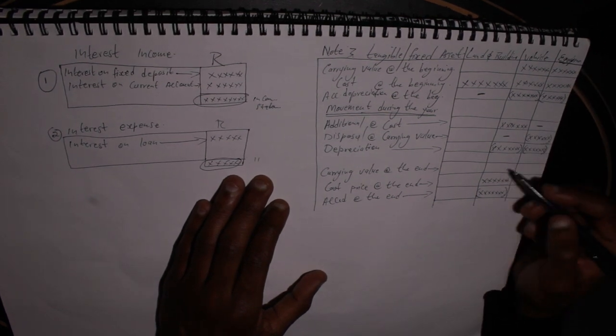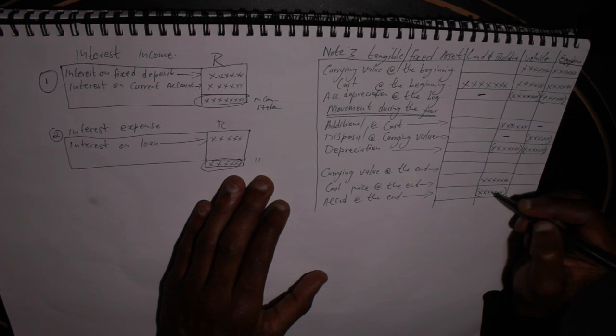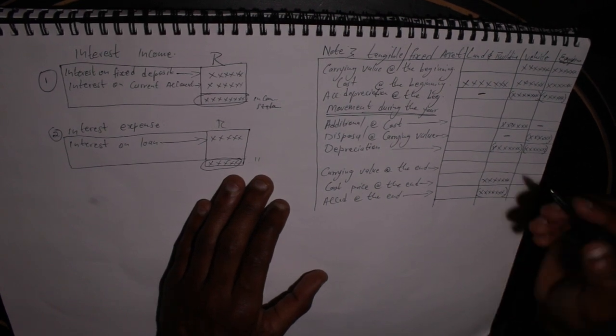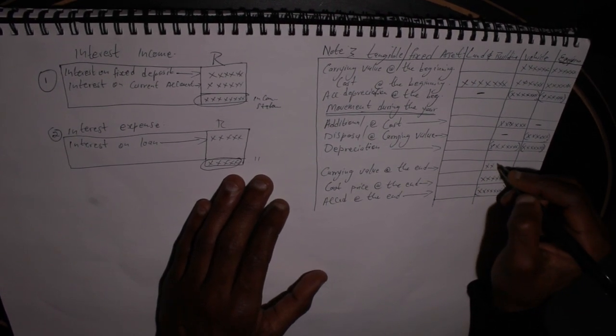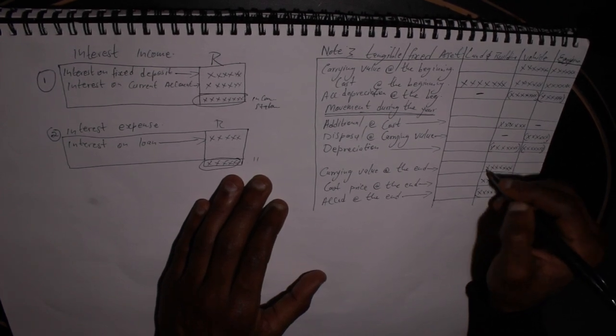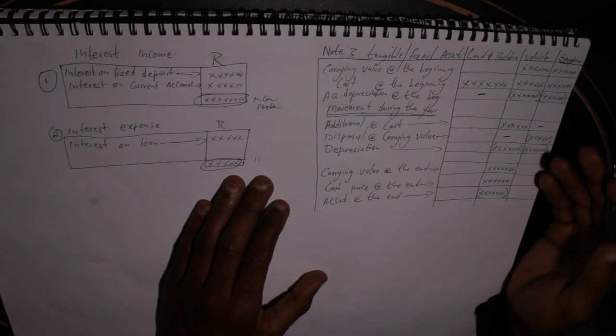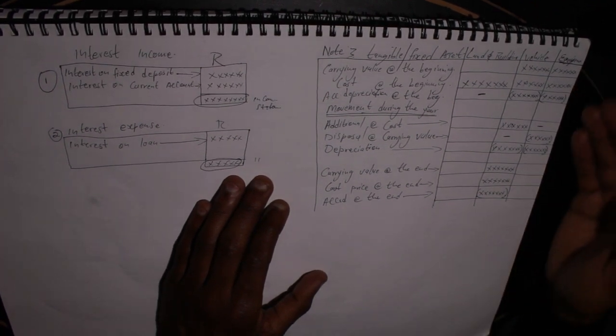Now, how to get carrying value at the end? Very easy. Simply take your cost price at the end, minus your accumulated depreciation at the end. This will give you your carrying value at the end. This is the value of our vehicle when we are closing our books at the end of the financial year.